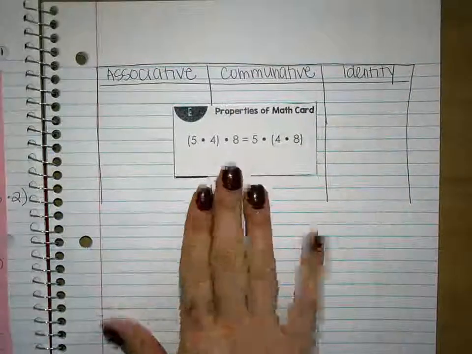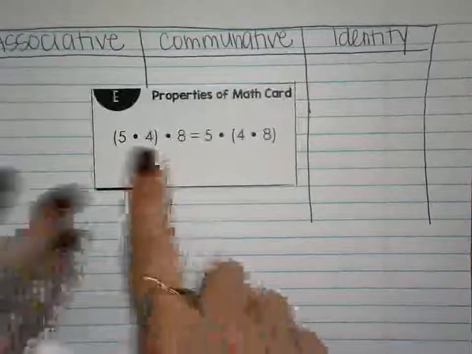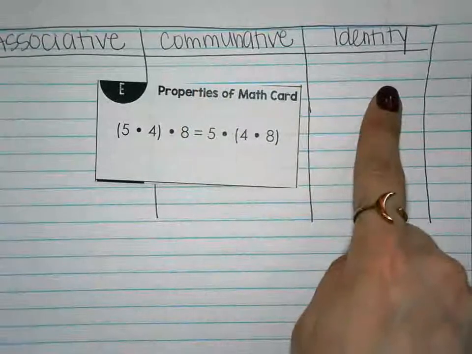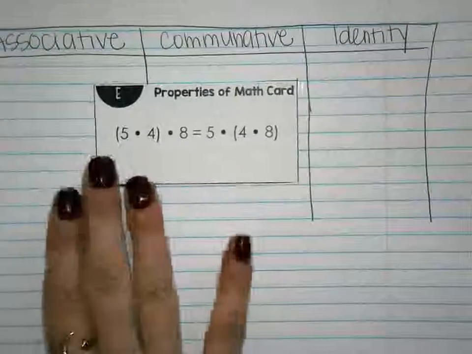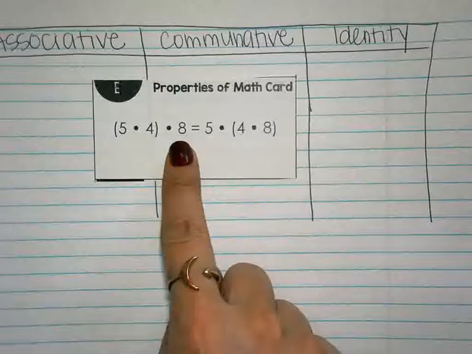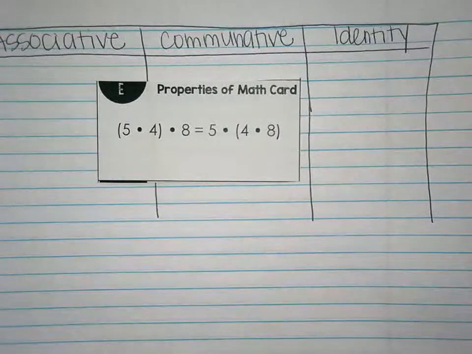So here's your first card. It says 5 times 4 in parentheses, times 8 outside, and then 5 times 4 times 8 inside parentheses.